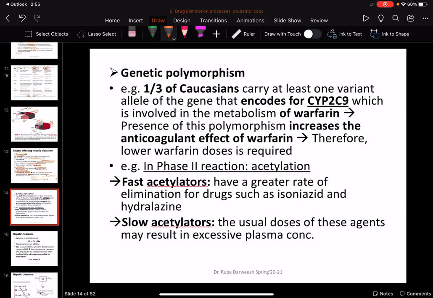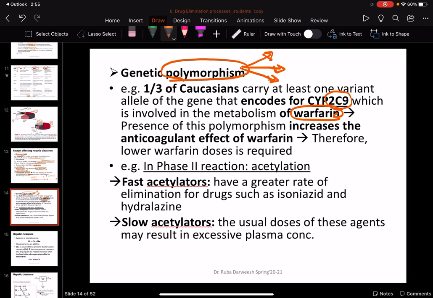Genetic polymorphism is one of the major factors that we need to take into consideration in metabolism, because polymorphism involves differences in the genes that could code for different enzymes. One of the main examples of that is the 2C9 and warfarin case, in which the metabolism of warfarin in Caucasians will be different than in other races.